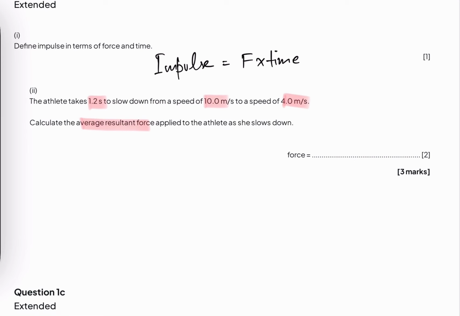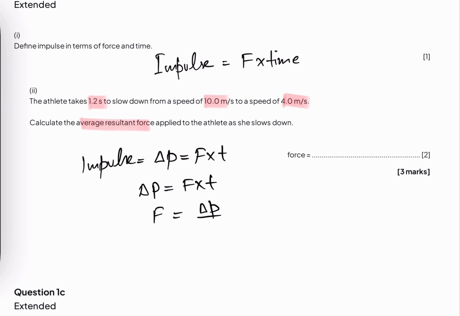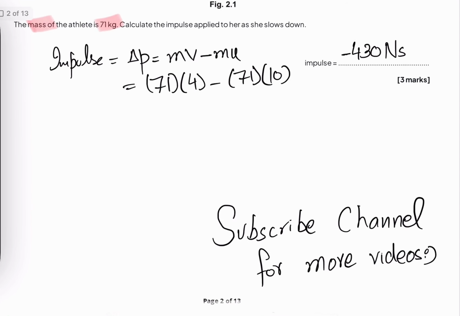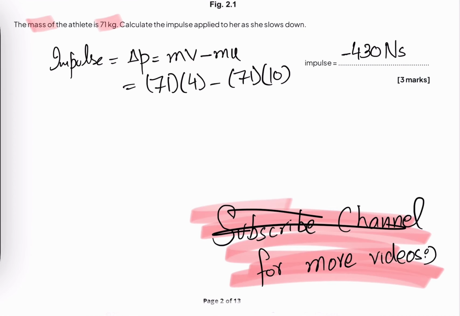Okay, so we know that impulse is equal to change in momentum, that is equal to F into T. So we can use delta P equals F into T. So F can be written as delta P over T. Delta P was calculated earlier, it was 430.